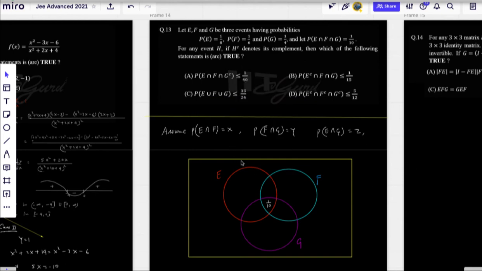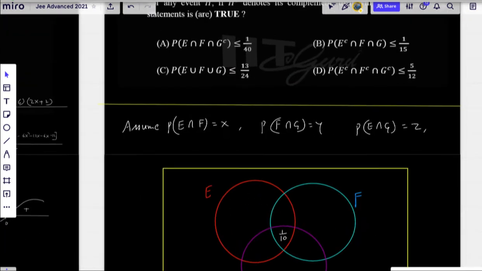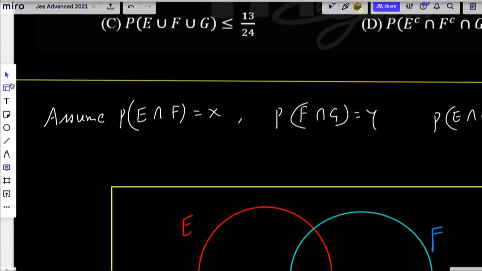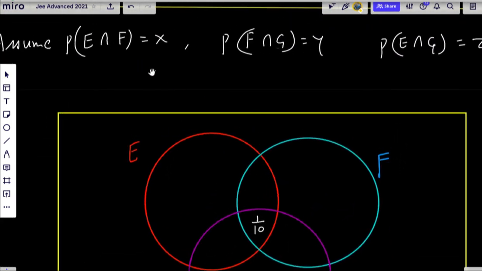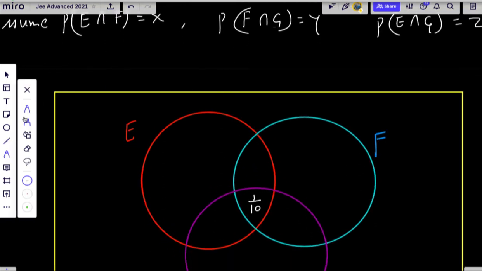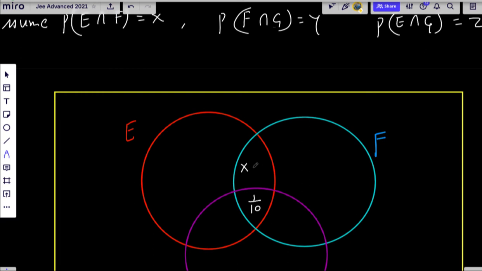So this is the solution part. Let's say this part is 1 by 10, so this will be X minus 1 by 10, because E intersection F we have assumed to be X.